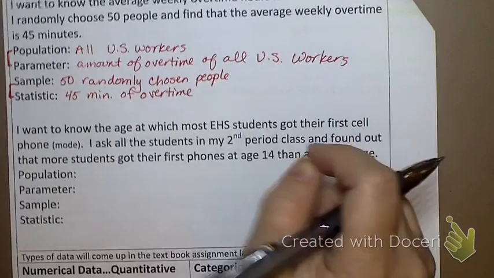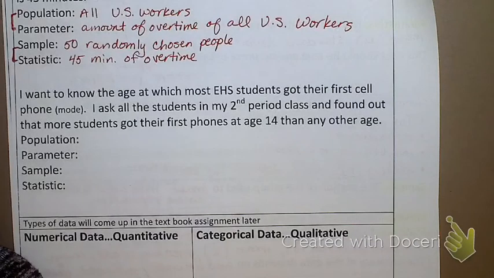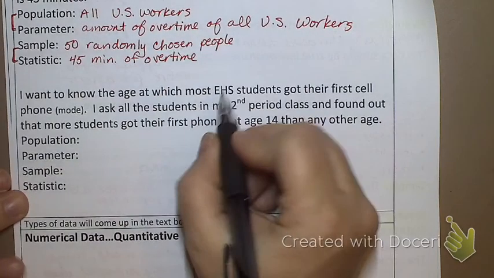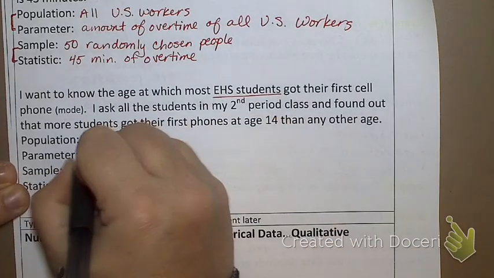Yeah? All right, I want to know at what age most EHS students got their first cell phone. I asked my students in my second period class and found out that more students got their first phones at age 14 than any other age. What is my population? What's the bigger group that I'm interested in? EHS students is my population.